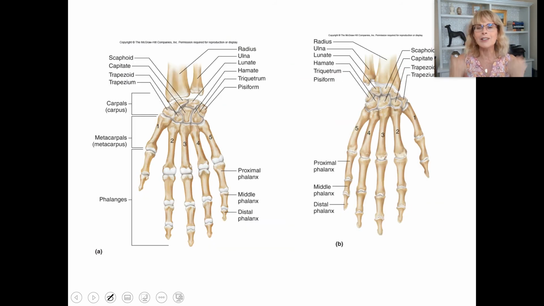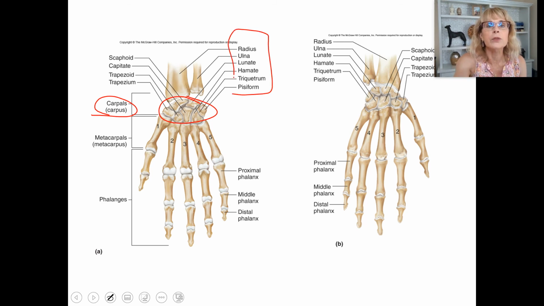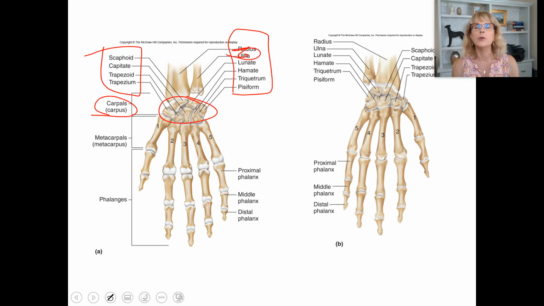All right, now we're down to the wrist. The bones of the wrist are called the carpal bones or carpals. The wrist is known as the carpus. And would you believe it? Every one of those little bones has got their own name. They look like little tiny pebbles, right? You don't have to know their names.